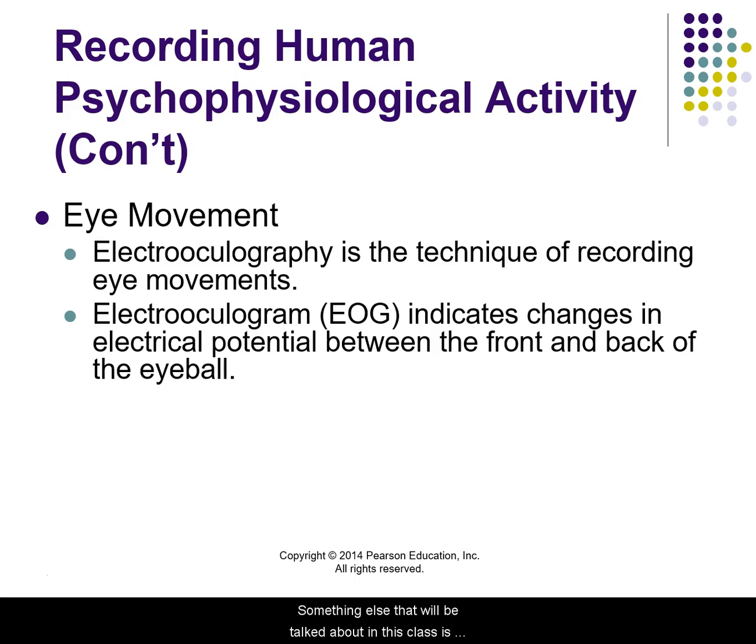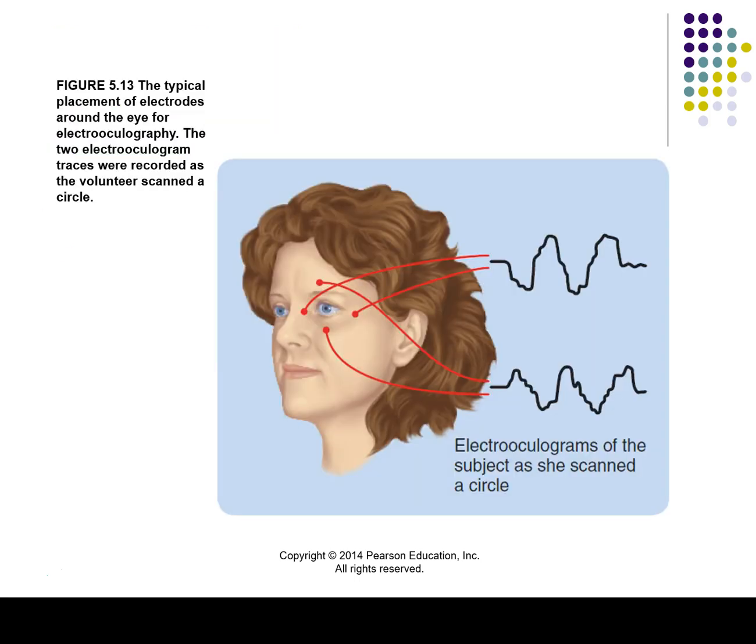Something else that we'll be talking about in this class is rapid eye movement, which happens in a stage of sleep. We can definitely tell when that stage of sleep is initiated because of the eye movements. You can see the eye actually move under the eyelid, but this is a much better tool for those small eye movements that we might not be able to see.